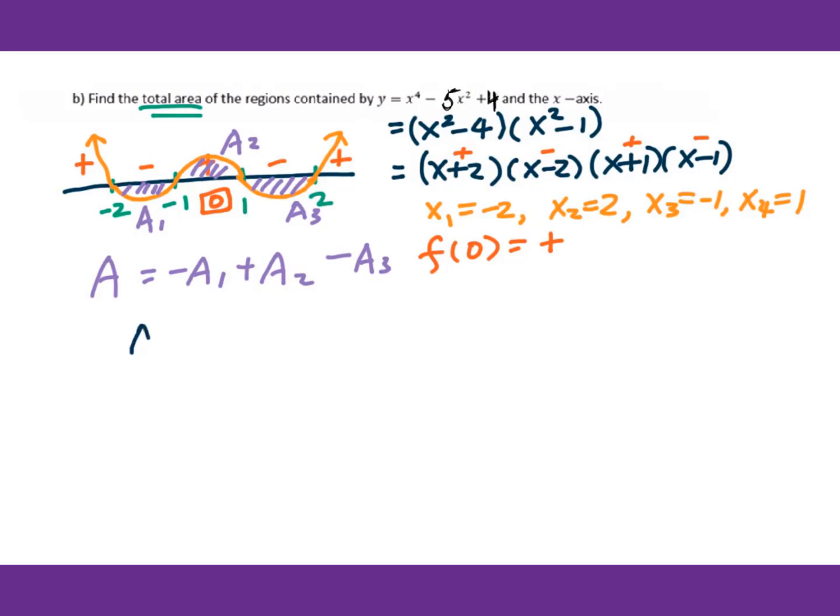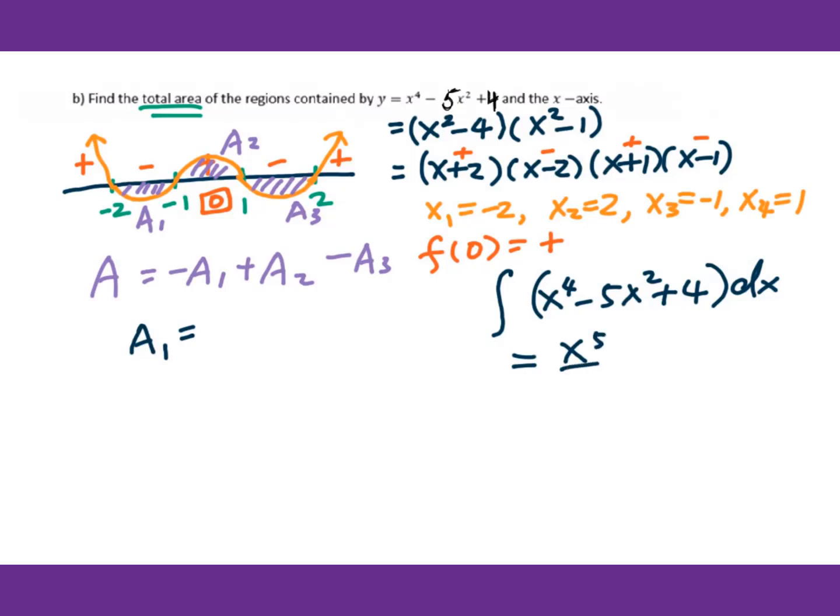Then we're working on the A1 first. We know the indefinite integral of x to the fourth minus 5x squared plus 4 equals x to the fifth power over 5 minus 5 times x third power over 3 plus 4x plus c.